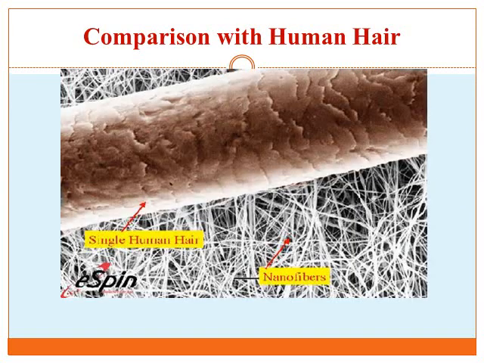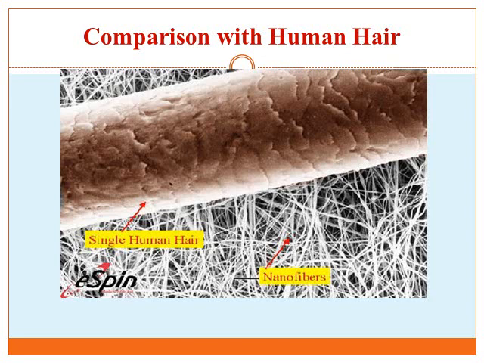Look into this comparison with a single human hair. These are scanning electron microscope images of the hair as well as the nanofibers. When you look into this image, you can very clearly see that the single strand of hair looks very big as compared to the nanofibers.